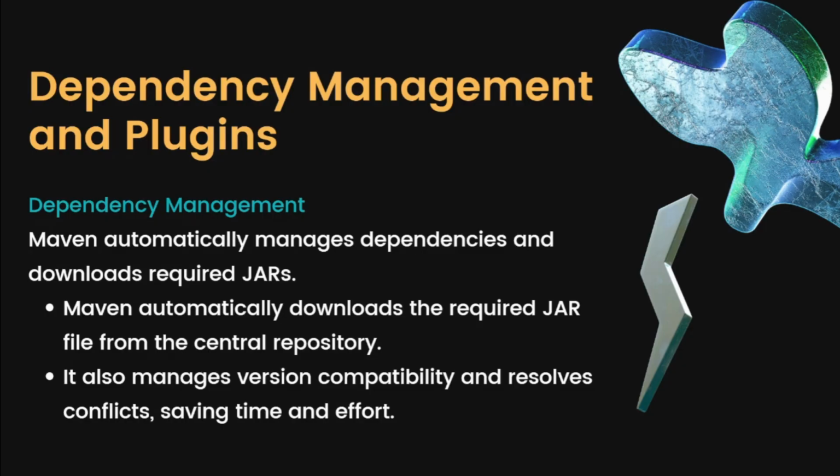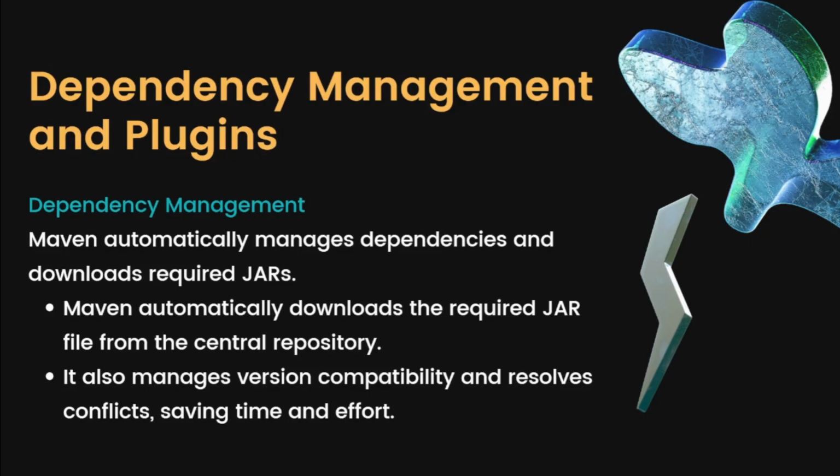If you are not using Maven, then externally you will have to find a MySQL connector, download that file, and then connect your downloaded file with your present working folder. But if you are using Maven, then Maven will find the dependencies present in the central repository and download it automatically. Maven automatically downloads the required jar files from the central repository.